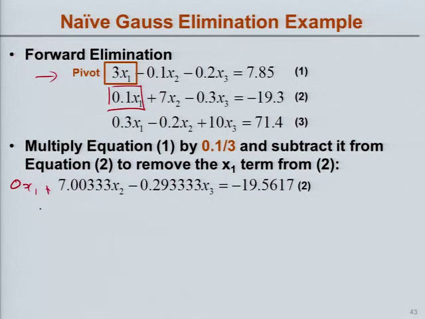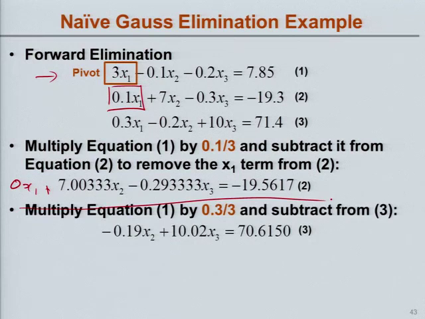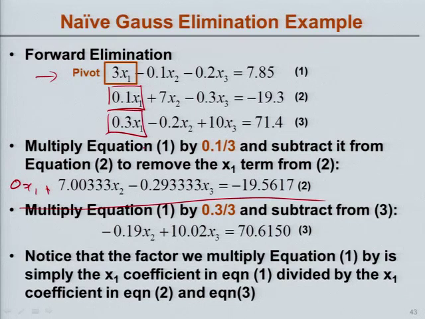0x1 plus this stuff. We're not going to go through the arithmetic here. Then we need to get rid of this value here. We need to divide this one by 10 and subtract it from here. Okay? So that means then that there should be a 0x1, not should be, but there's a 0x1 there as well.